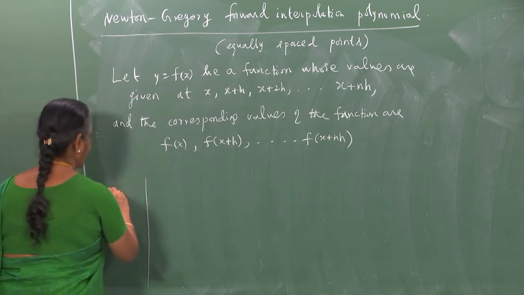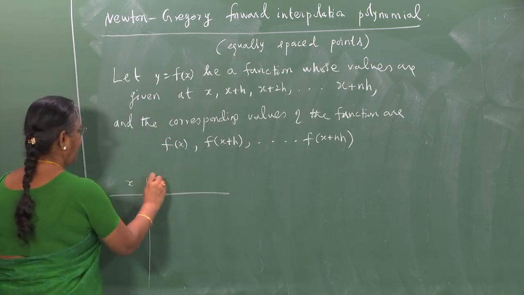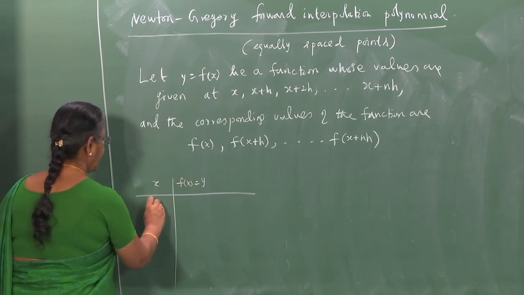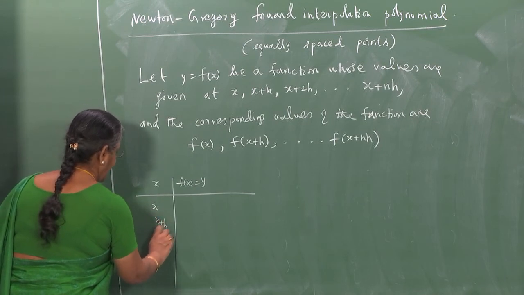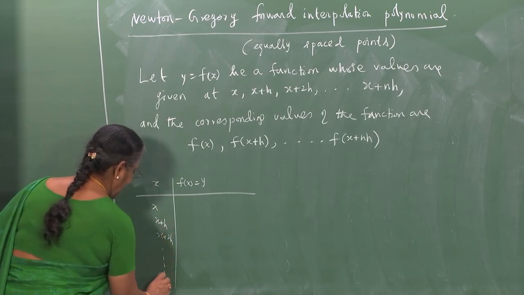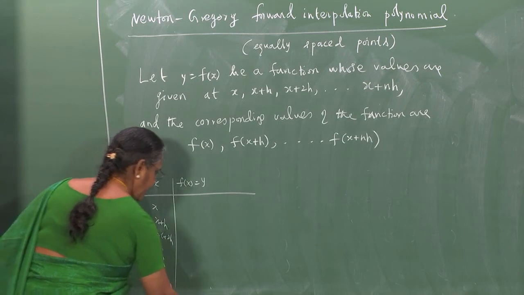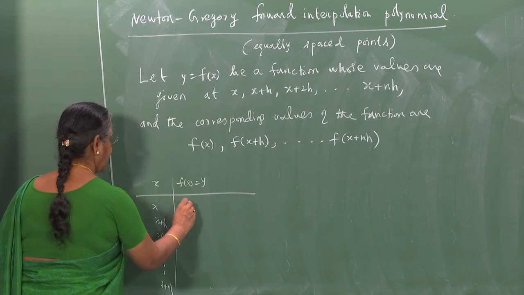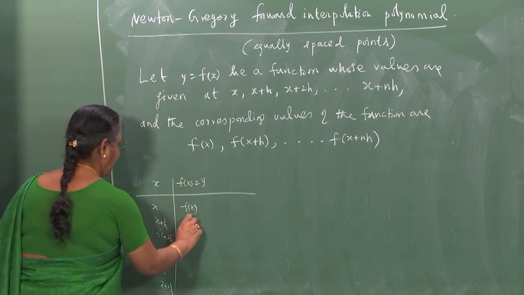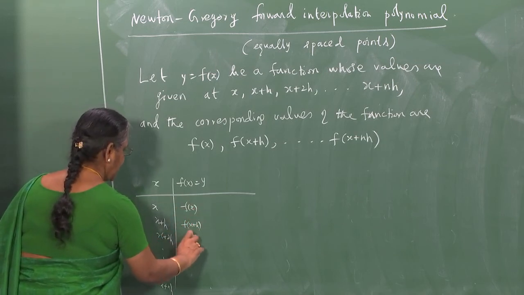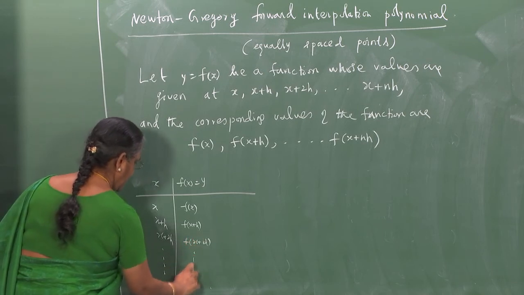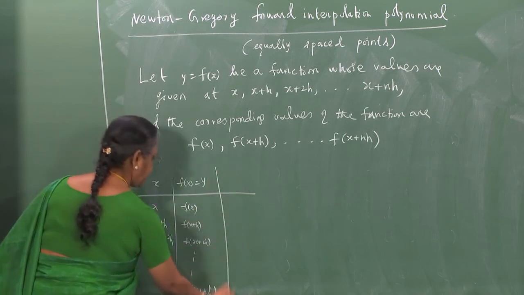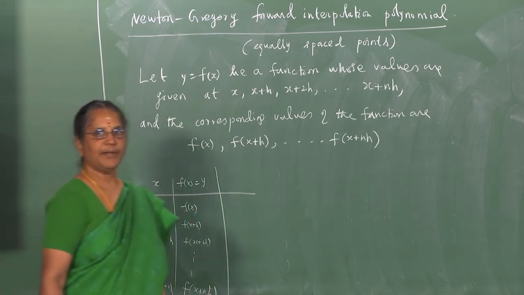So, we have a table of values of the function at a set of points x plus h, etc., x plus nh, and the corresponding values of this function, namely f of x plus h, f of x plus 2h, and so on, f of x plus nh. What is our problem?